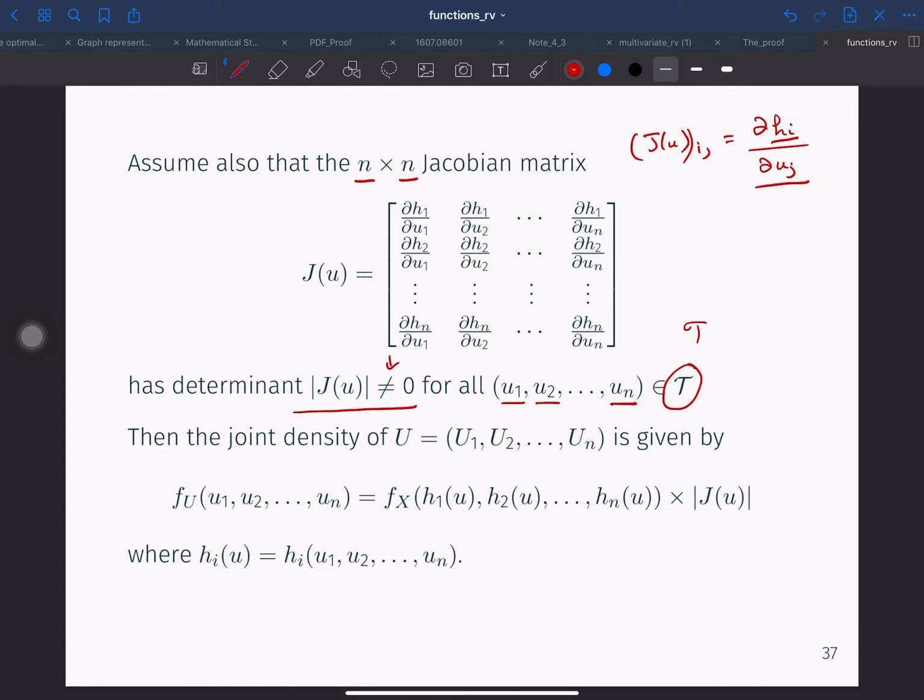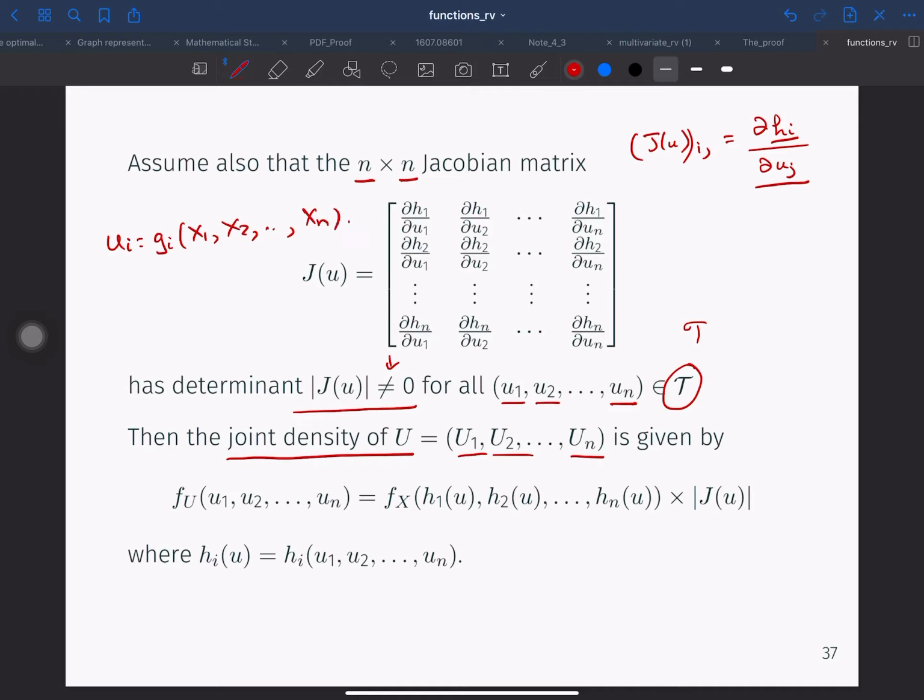If you have that Jacobian transformation, then you can easily define the joint density of the random variable u1, u2 to un, where now ui is gi of x1, x2 up to xn.